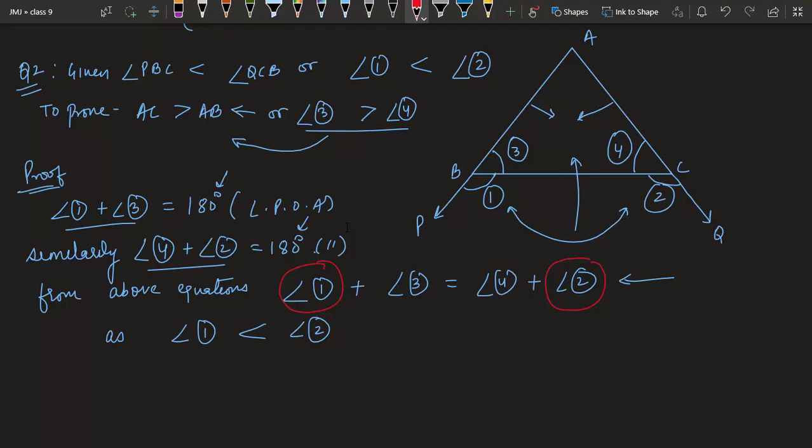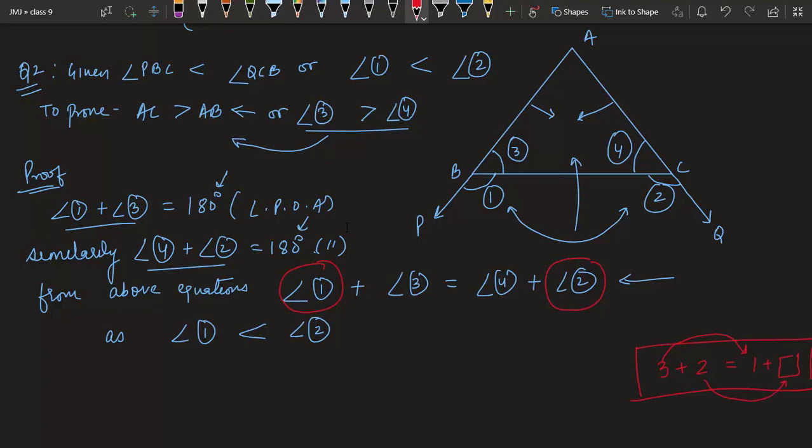Again, try to understand, if you have two things equal, I am taking a simple equation, suppose you have 3 plus 2 is equal to 1 plus box. Now if this 3 is more than 1, then this box value should be more than 2.